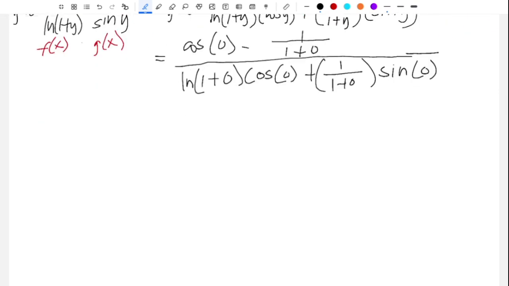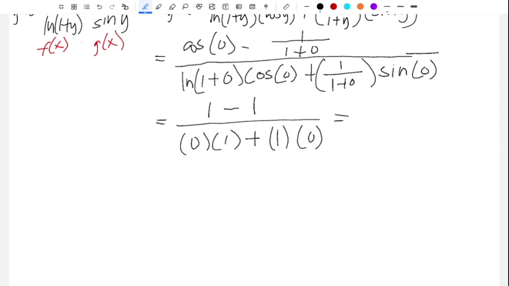Cosine 0 is 1, 1 minus 1 gives 0. ln(1 plus 0) is ln 1, which is 0. Cosine 0 is 1, plus 1 divided by 1 is 1. Sine 0 is 0. Therefore, we still got 0 over 0.